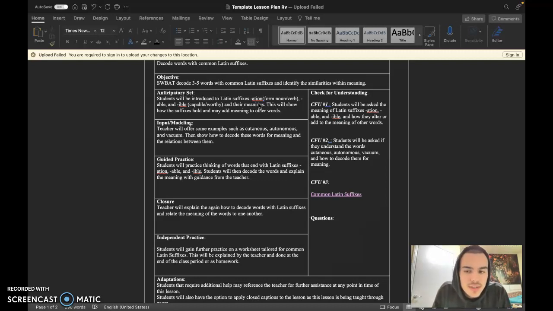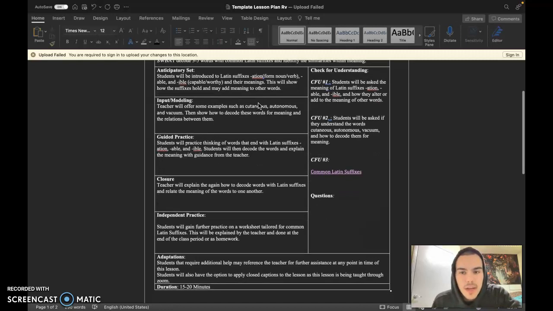This is to ensure that the students are keeping up and following along with the actual lesson. They're going to need to know, or at least be giving attention to, these Latin suffixes and understand that we are going for the meaning of these.